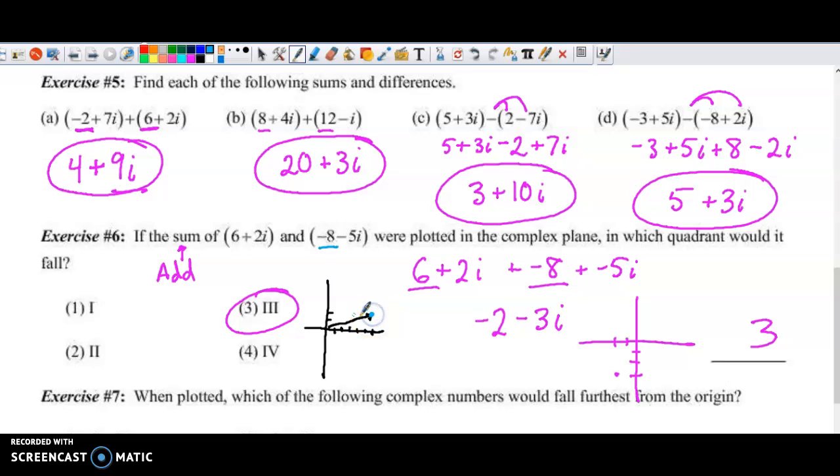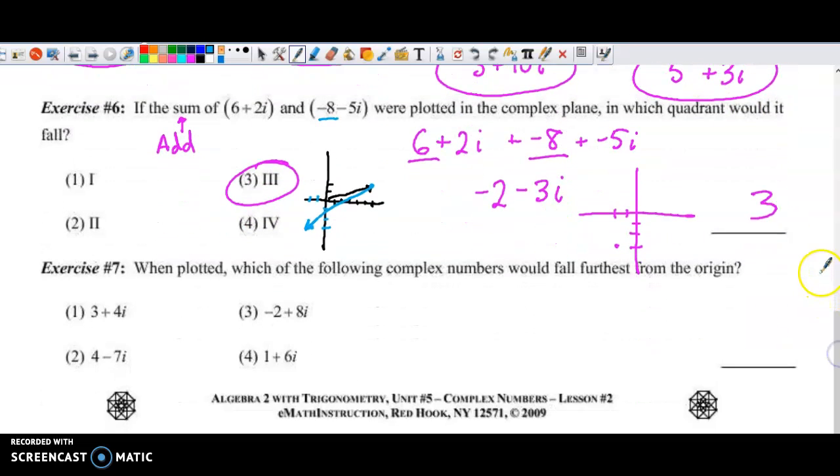Moving 8 in the left direction would take us back over here, and then minus 5 in the i direction would be 1, 2, 3, 4, 5. So adding those vectors together would end up with the resultant down here. And that could also confirm your answer. There's a lot of connections, a lot of visualizations you could look at.